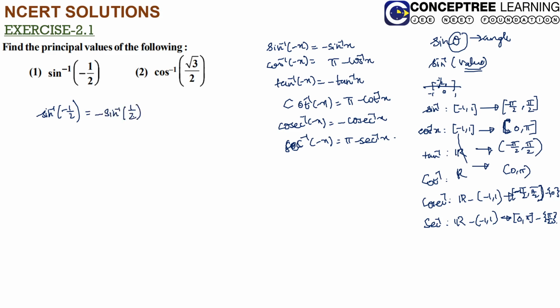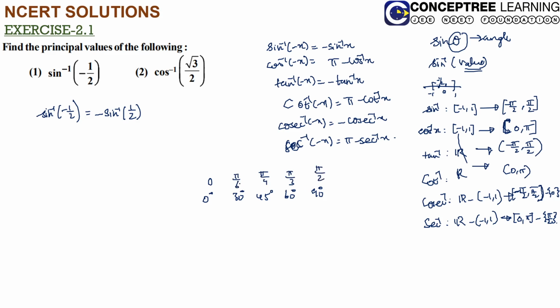Think about the angle for which the sine is giving the answer 1 by 2. How will you write 0 degree, 30 degree, 45 degree, 60 degree, and 90 degree? So 0 degree is 0, 30 degree is pi by 6, 45 degree is pi by 4, 60 degree is pi by 3 and 90 is pi by 2.